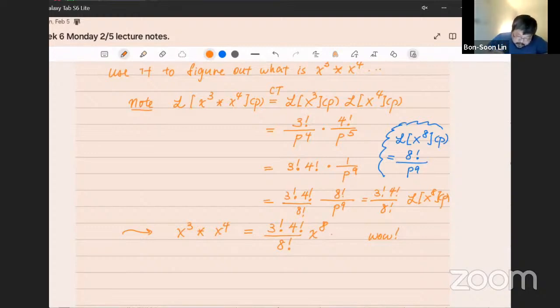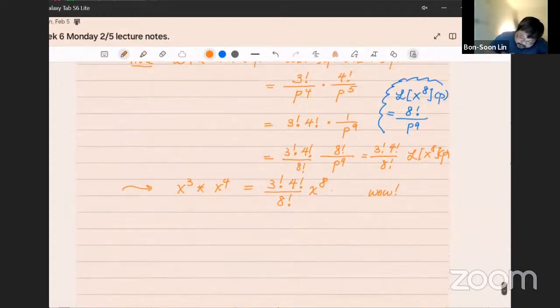The convolution of x cubed and x fourth is this number. Of course, you can simplify this to something. If you simplify it, what is this? 3 times 2 times 4 times 3 times 2 divided by 8 times 7 times 6 times 5 times 4 times 3 times 2, x to the 8th.